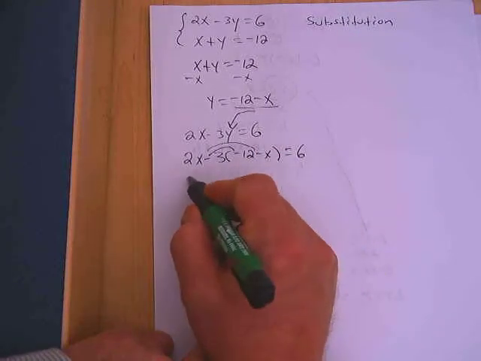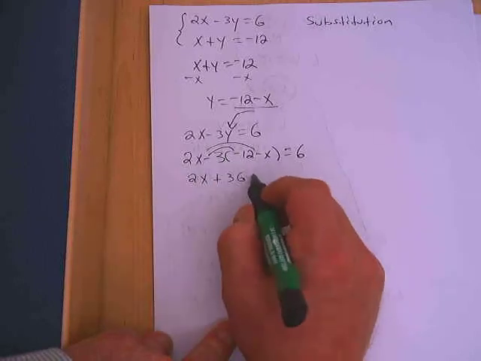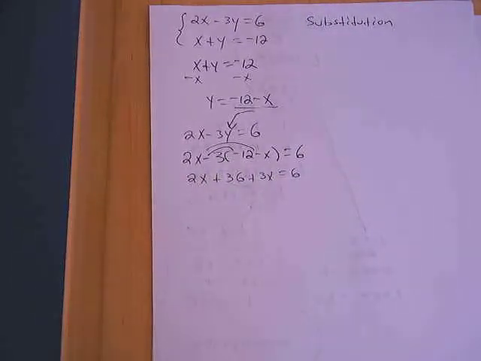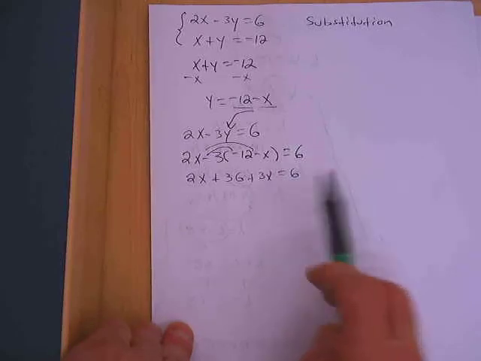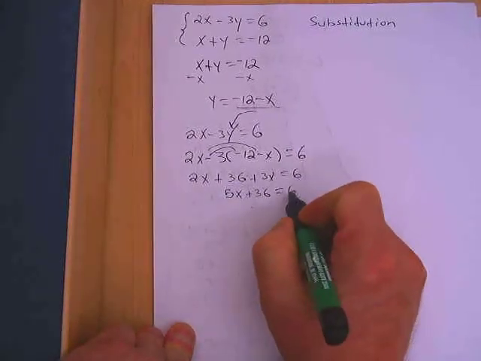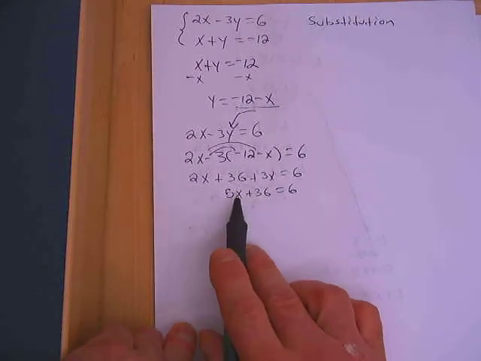First thing I'm going to do is distribute the negative 3, and I'm going to get 2x plus 36 plus 3x equals 6. Did I distribute that negative 3 properly? I sure did. 2x plus 3x is how many x's? 5x. 5x plus 36 equals 6.